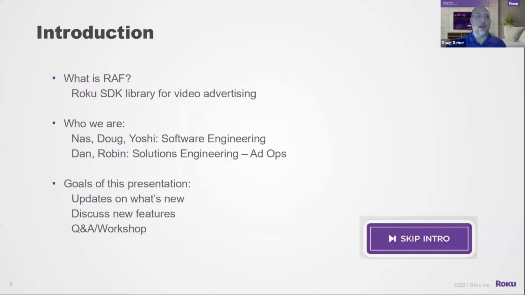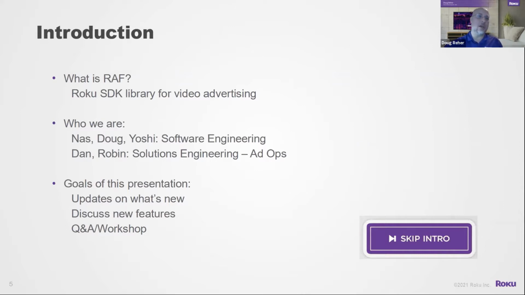If you just joined this discussion without having a lot of background with RAF, that's a term you're going to be hearing over and over again throughout this presentation. Most of you are probably already familiar with it, but briefly, RAF is our BrightScript SDK library, which provides features related to fetching ads from ad servers and rendering them as part of a channel's streaming content.